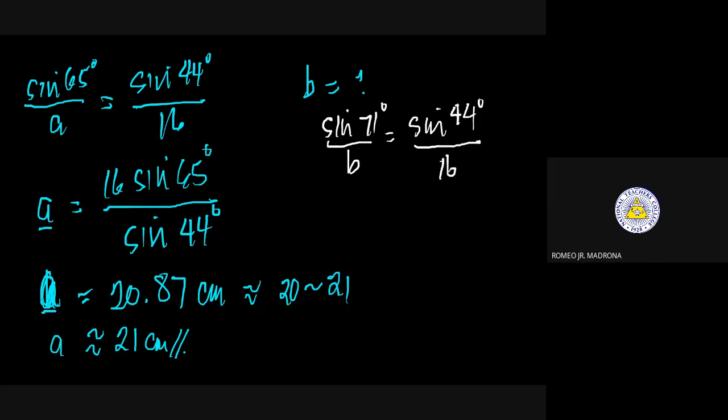Okay, 16. Okay, so what's the value of B, guys? Help me. 22. Sakto ba? Okay. Round off na. Okay, okay lang naman. Wait lang. Try ko lang to. Paano ba to? Ayun.